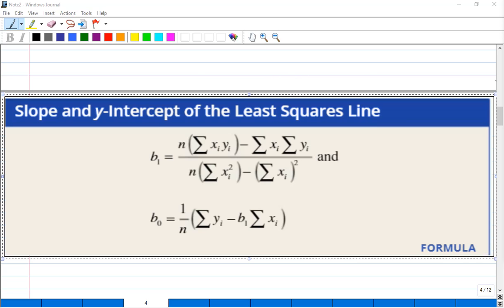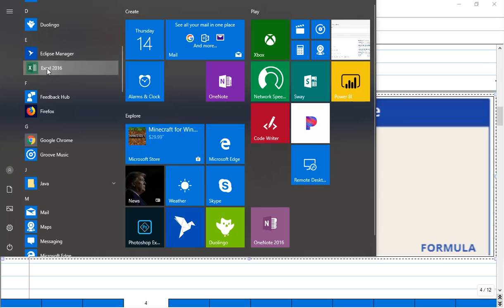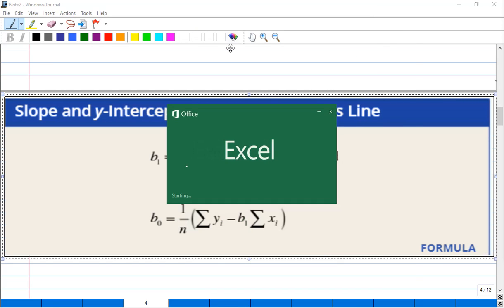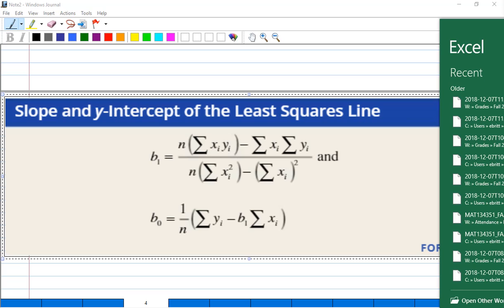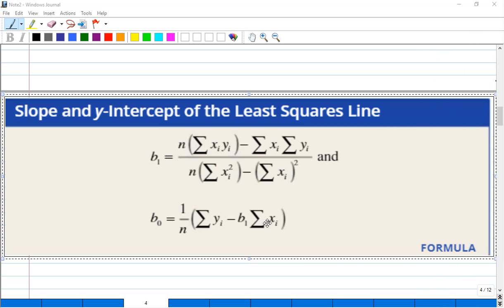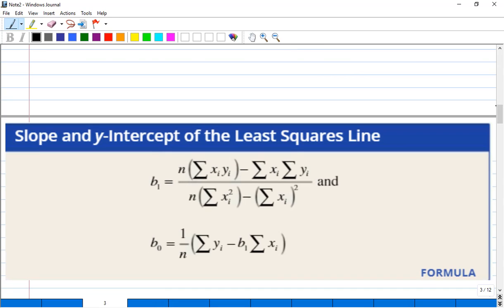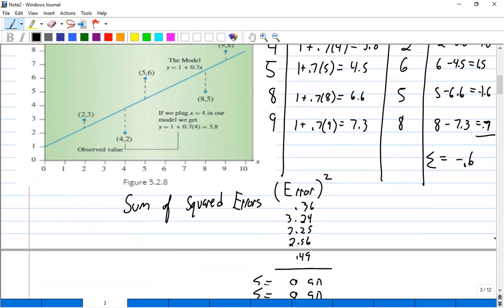Now, again, in Excel, I showed you how to do a little bit. So let me put the values from that table in Excel and remind you how to use Excel to find our b sub 0 and our b sub 1.